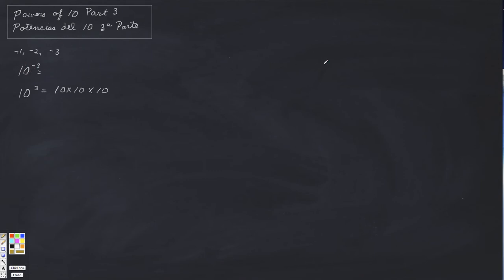Now, if you remember way back in elementary school, you studied reciprocals. Reciprocals are studied when you study fractions. Two numbers are reciprocals of each other if when you multiply them, a times b gives you a 1.